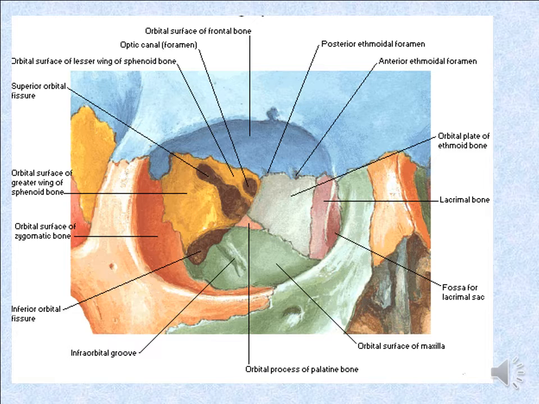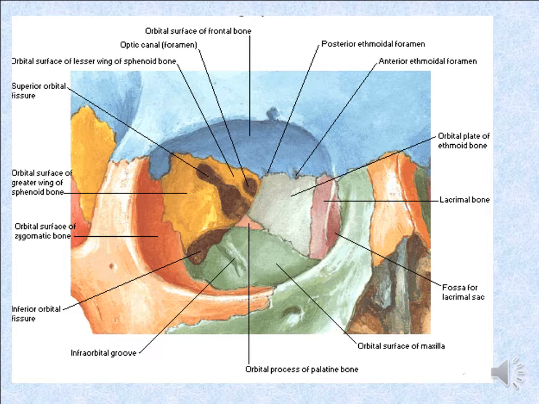Between the greater wing of the sphenoid bone, the lesser wing of the sphenoid bone and the maxillary bone, there is the fissure called the superior orbital fissure.